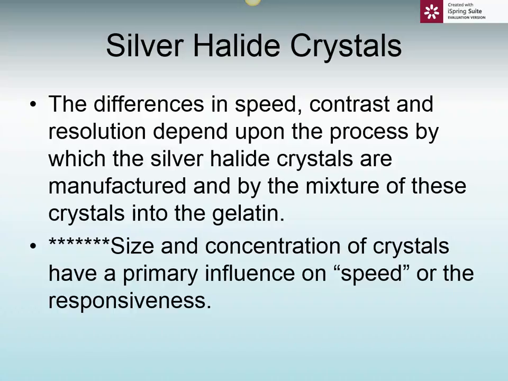If you think about this, it is no different from photographic film. The speed of a film, and remember we've talked about speed, is the responsiveness of the system. The contrast the film will give you, the resolution the film will give you, is all dependent on how this emulsion is manufactured.